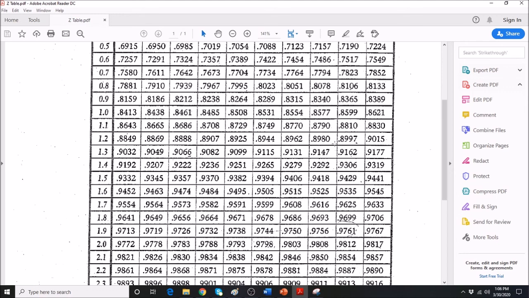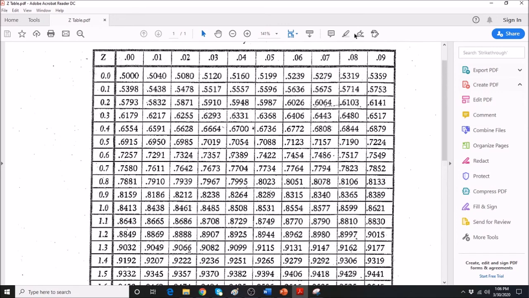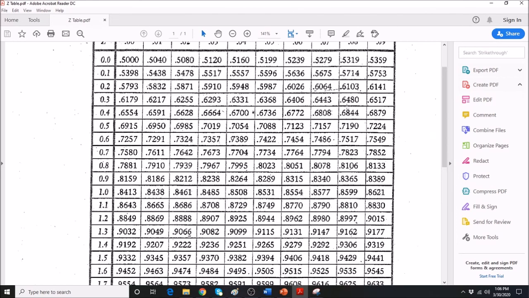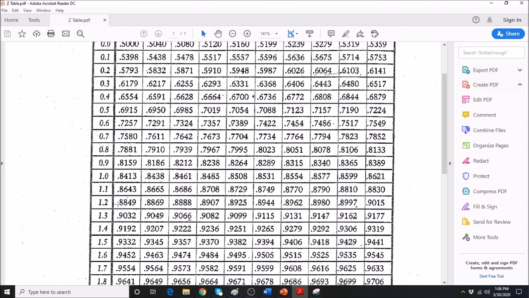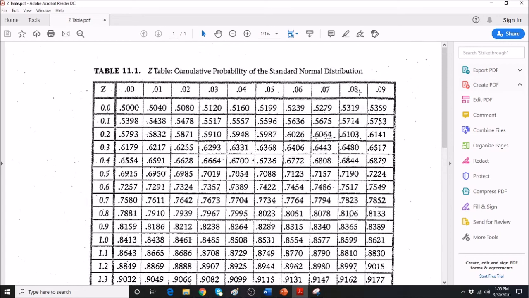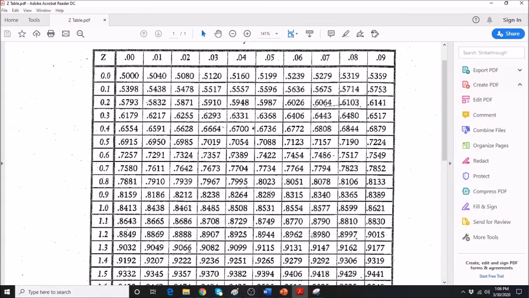And what is this Z value that corresponds to this 0.8997? That is 1.2, and that is going up, and that is 0.08. So in that case, you have a 1.28 Z value. So 1.2 plus 0.08, that is 1.28.